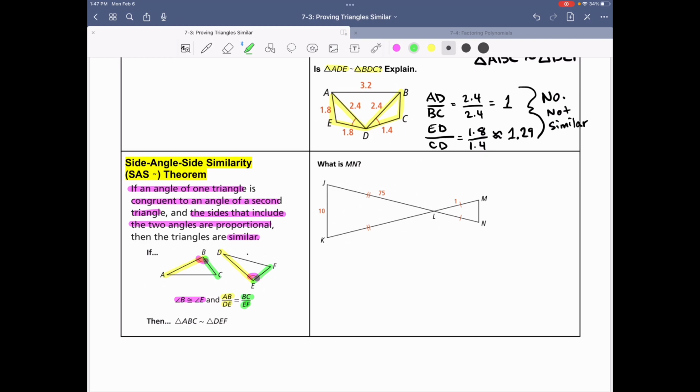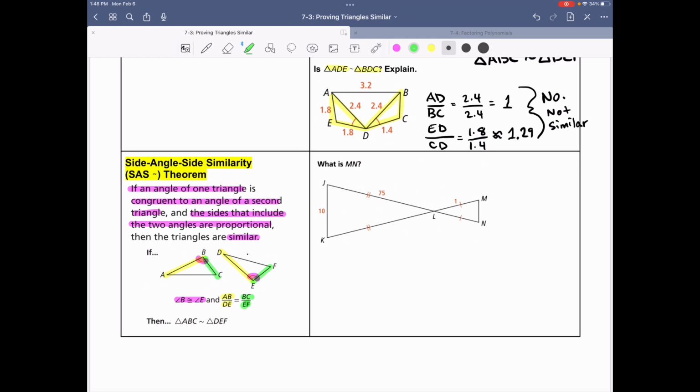Then they are similar: triangle ABC is similar to triangle DEF. If we have those three things true, that the two sides are proportional and the included angle is congruent, then they are similar.